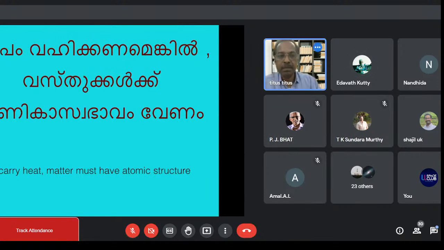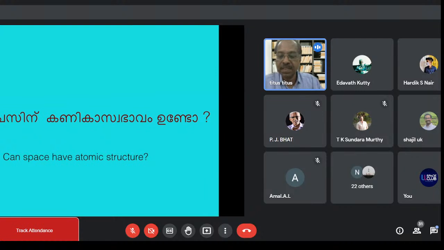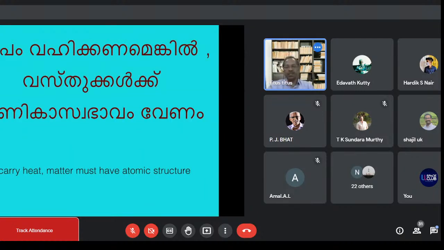So Boltzmann said that the heat that we feel is actually the random kinetic energy of the atoms or molecules in the material, right? Unless we have this kind of microscopic structures which can carry heat as their random fluctuation or random motion, no material would be able to carry heat.